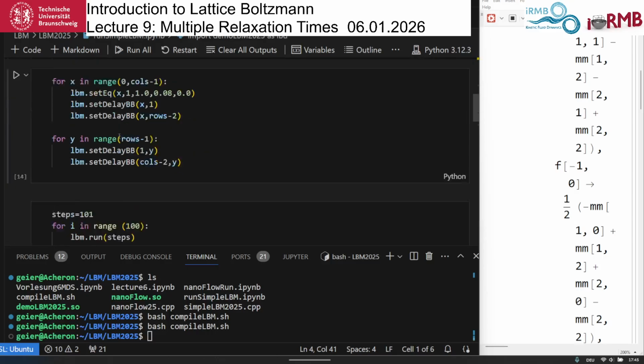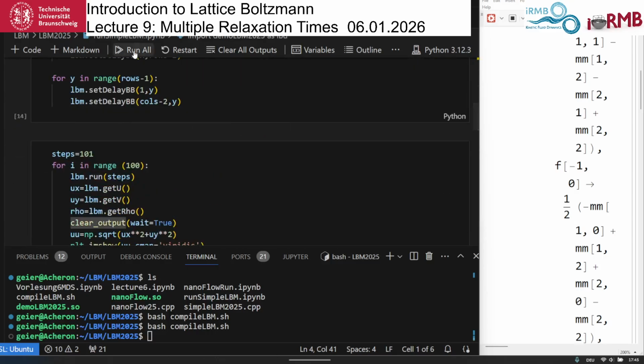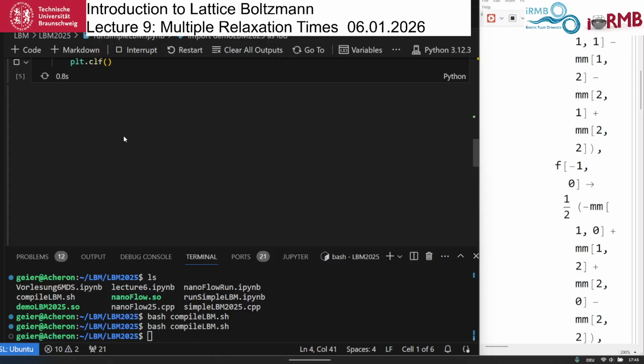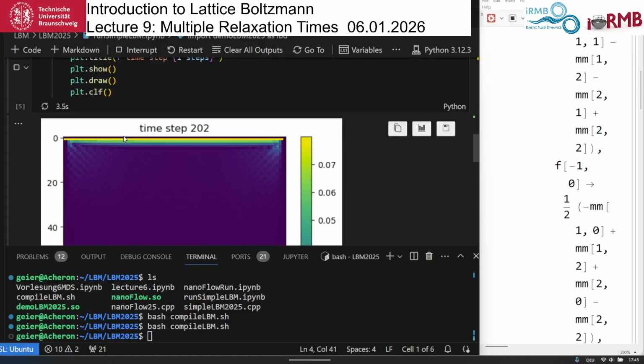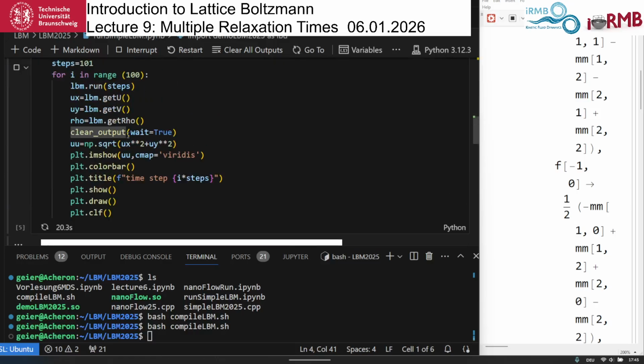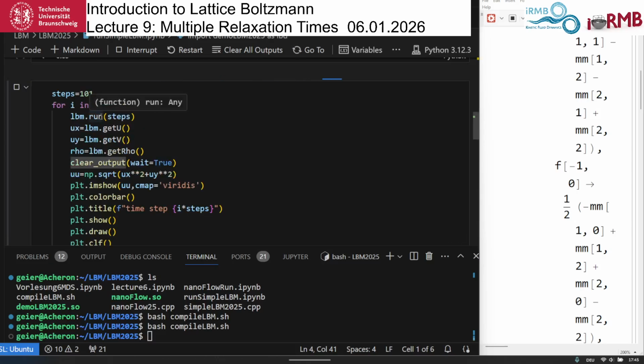Okay, first of all, let's just see. Okay, now we see the BGK running, right? Okay, we have the delay bounce back stuff. So since we did not change a lot, we should be able to just write MRT here, but now we have to specify our relaxation rates right here.